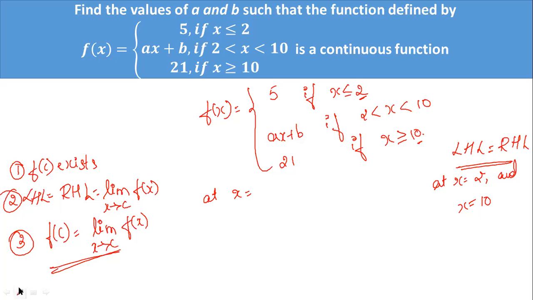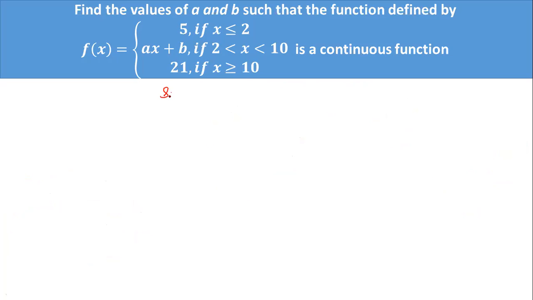Okay, so to begin with, I'll just erase all these things. Since f is continuous at x is equal to 2, why are we taking f is continuous at x is equal to 2? Because f is a continuous function, which means it is continuous everywhere.